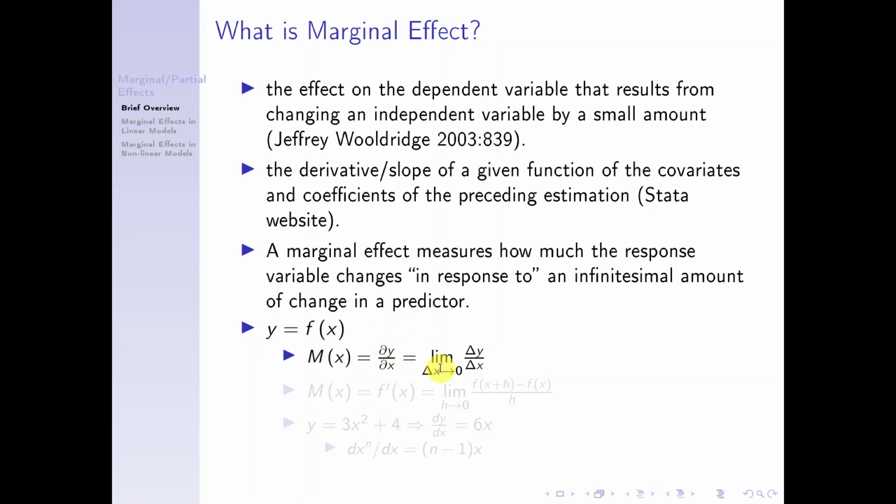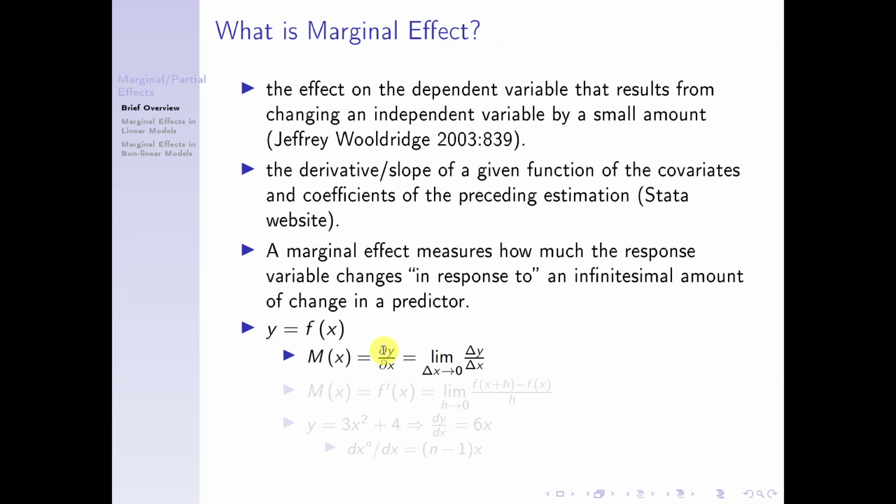Well, it is equal to the limit of the change in y, that is delta y, over the change in x, as delta x approaches 0, a very, very small amount. That's why we say infinitesimal amount. When delta x goes to 0, it is going to be equivalent to this thing.